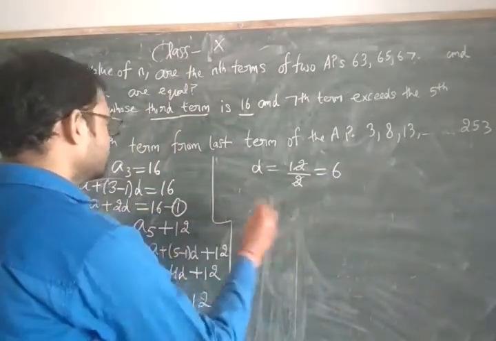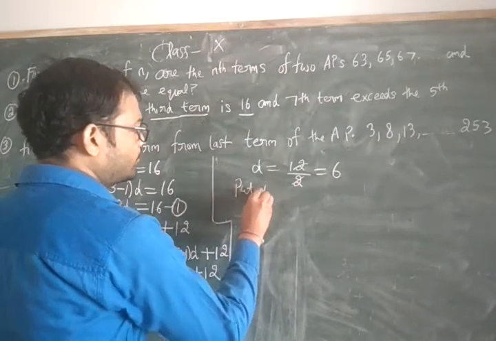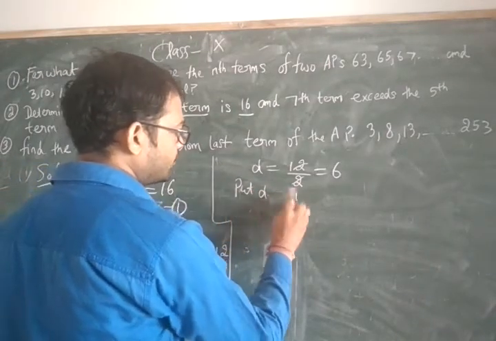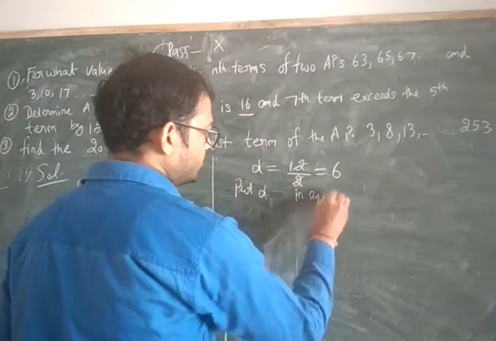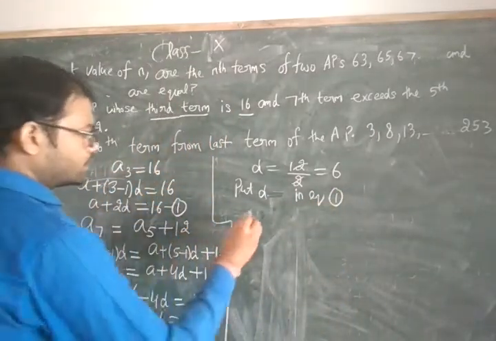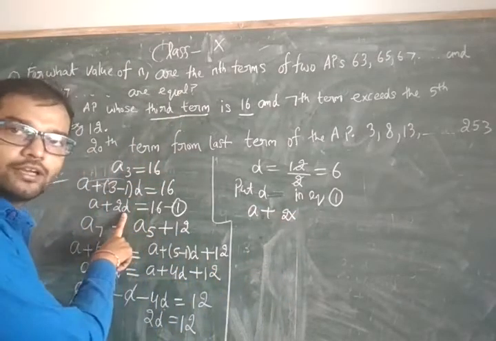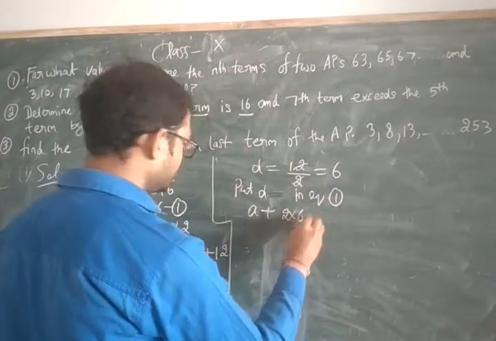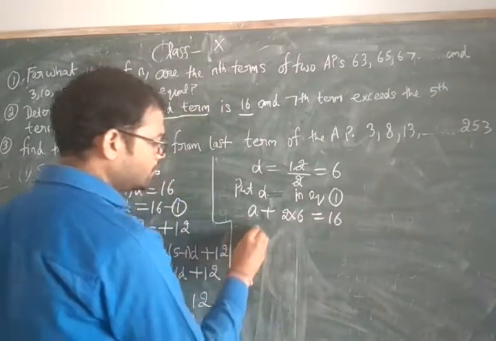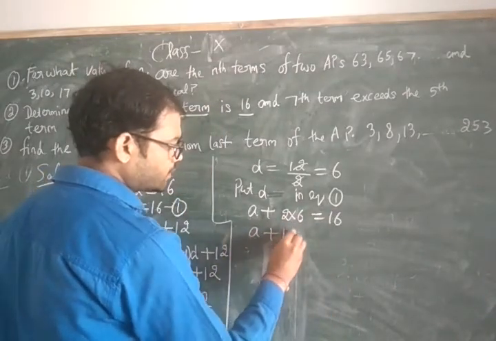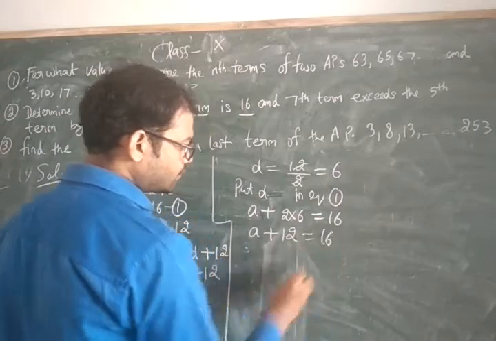So put D in equation first. The equation first is A plus 2 multiply D, and the value of D is 6, is equal to 16. So A plus 2 times 6 are 12, that is equal to 16.